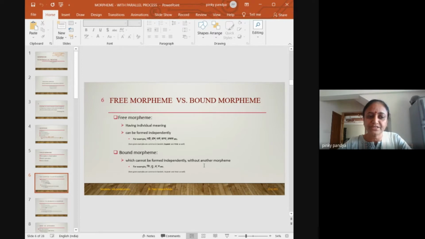A bound morpheme cannot stand independently without another morpheme. As examples, nadi, dharma, etc. are free morphemes, and ni, duh, a, etc. are bound morphemes.